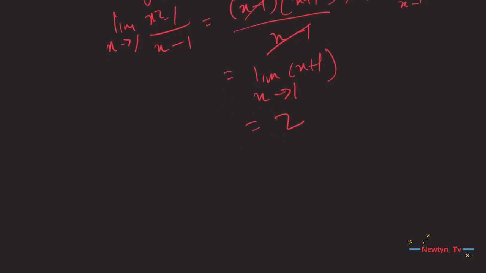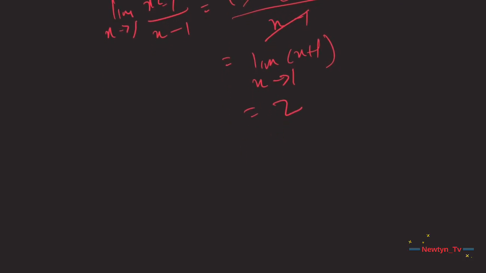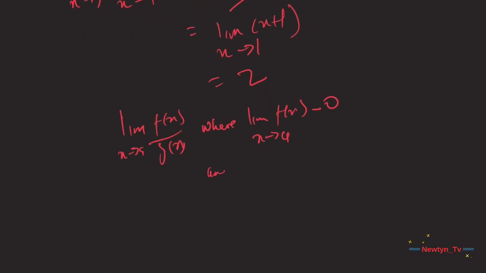Okay, so the limit will have the form of the limit of f of x over g of x as x approaches a, where we know that the limit of f of x will be equal to 0 as x approaches a, and the limit of g of x as x approaches a will be equal to 0 as well.